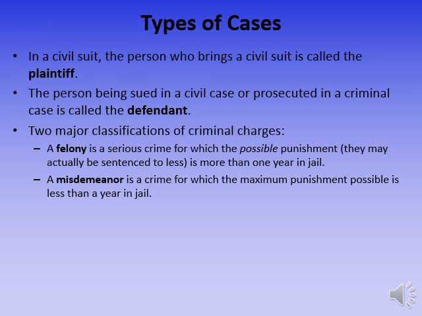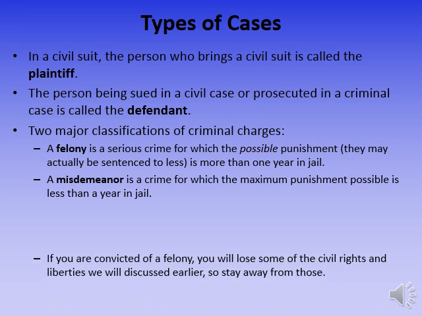If it's less than a year, it's a misdemeanor. So, if you get caught jaywalking and get a ticket for it or something, that's less than a felony, that's a misdemeanor. We also even have things less than that called infractions that we deal with sometimes, where you just get a ticket and a small fine. But these are the two major categories of crimes that we would deal with: felonies and misdemeanors.